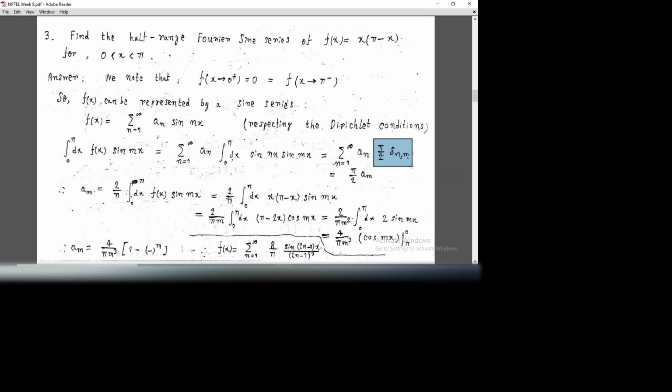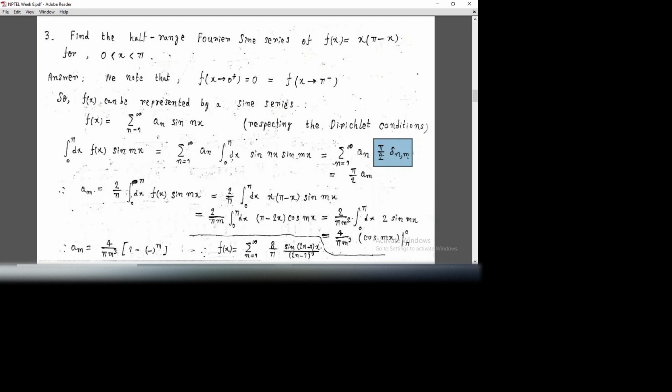The result of this integral is this one. I hope you are familiar with this notation, delta nm. This is the Kronecker delta. When n equals m, this is 1, and when n and m are not equal, this is 0.